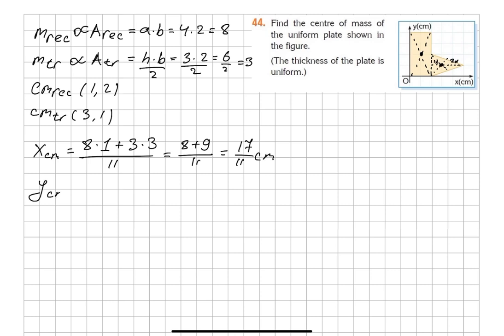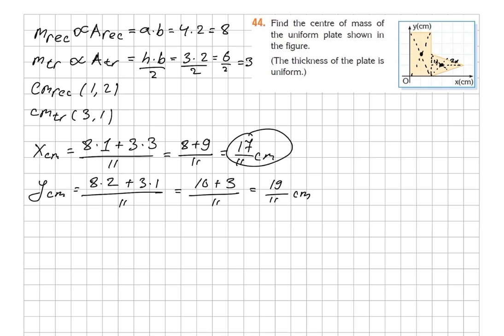And ycm is equal to 8 times 2 plus 3 times 1 over 11. It's 16 plus 3 over 11. It's 19 over 11 centimeters. So these are the answers.